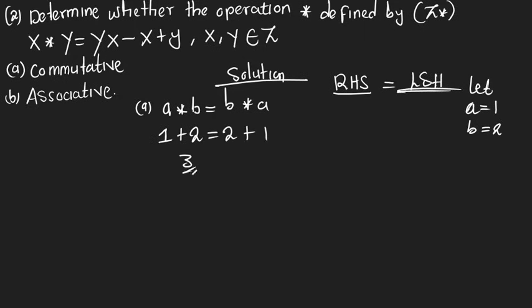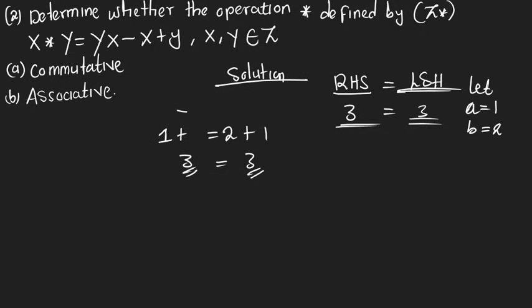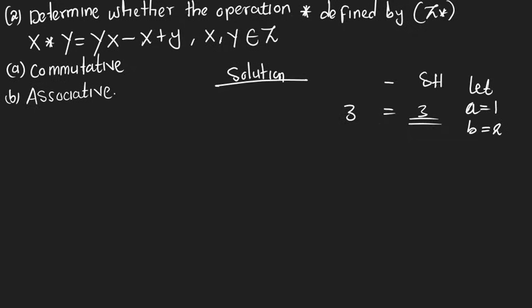We are getting a 3 this side, and a 3 this side. Notice that the right hand side is equal to the left hand side. So we can therefore say for this particular part, star is simply commutative. Now I want to prove by what we have been given if star is going to be commutative. That is how simple binary operations are.